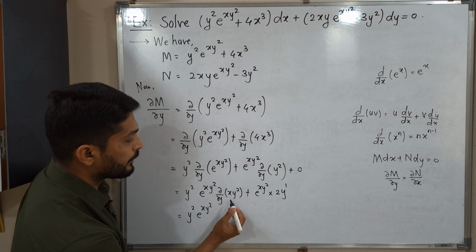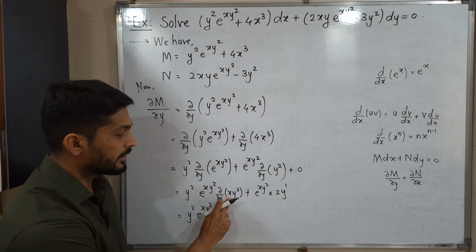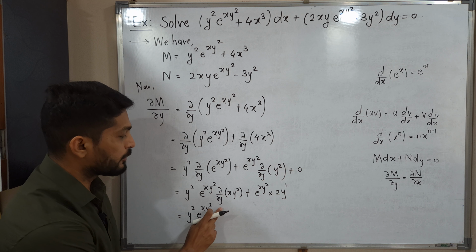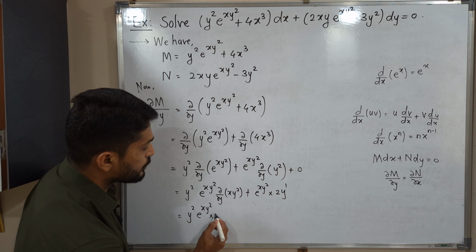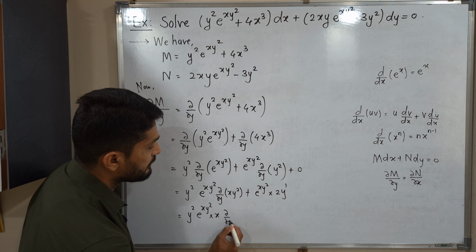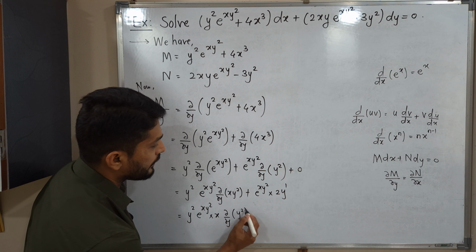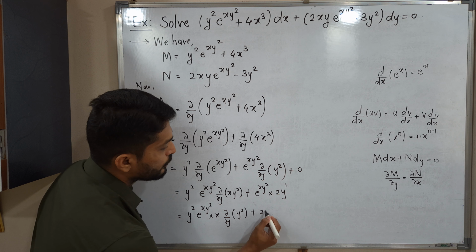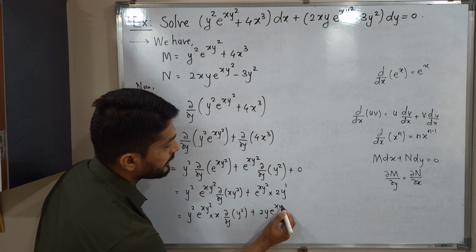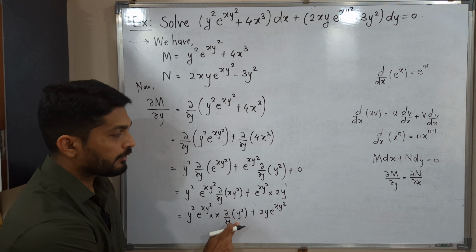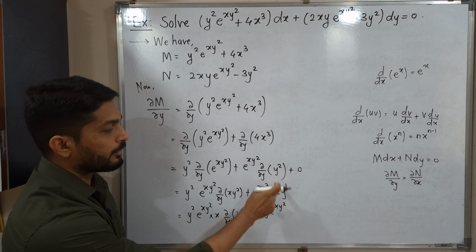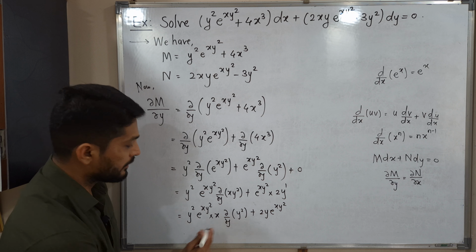Now we have to differentiate, but x is constant since we are differentiating with respect to y, so I will take x outside. Inside the bracket, simply we will have the derivative of y square, which is 2y. So I should write 2y here.